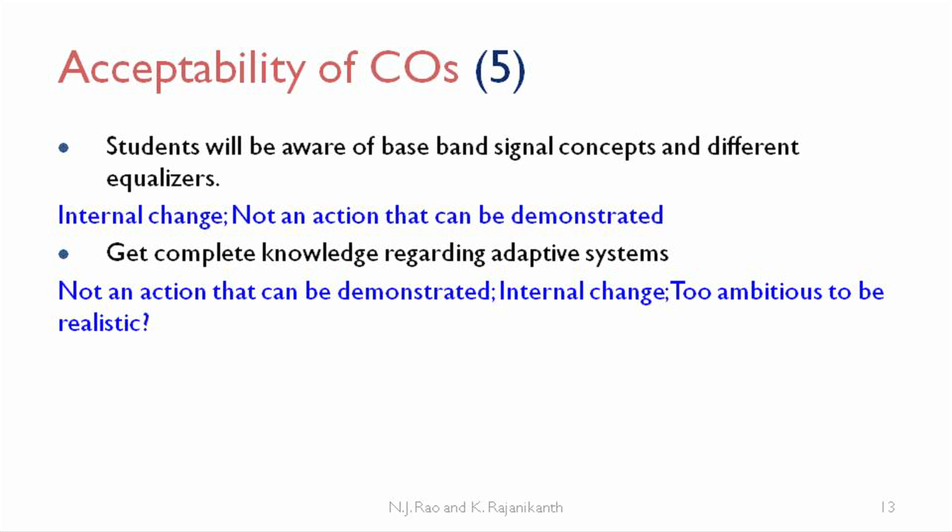Complete knowledge is a word that is very scary to use in any given context. Complete knowledge is something that is not realistic at all. Thus, this statement also is a statement of very poor quality. There is no action verb. It does not indicate what the students are expected to do or perform, and it's not realistic. Getting complete knowledge and then demonstrating that would be almost impossible.